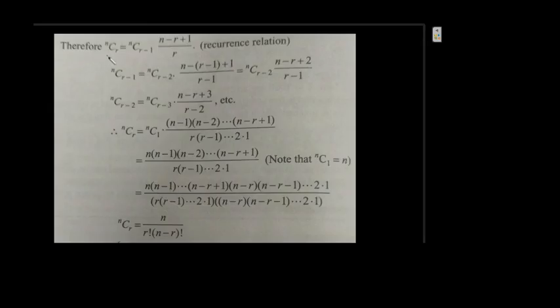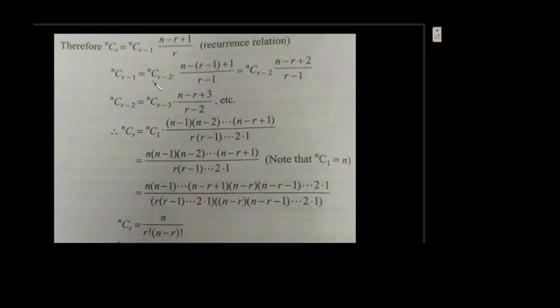If we write the term n choose r, which is n choose r minus 1 times this term, we observe the pattern. Let's say this term had r, this term had r minus 1, and this term had n minus r plus 1. That bracket gets opened up, and if we take this n choose r minus 1 and write it in terms of n choose r minus 2, we subtract 1 from r minus 1.